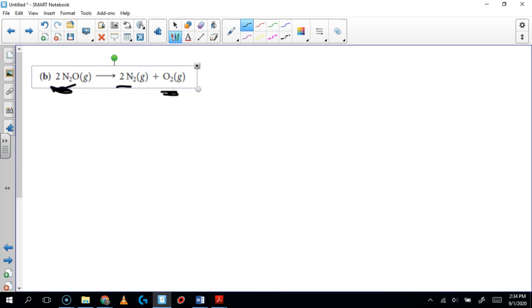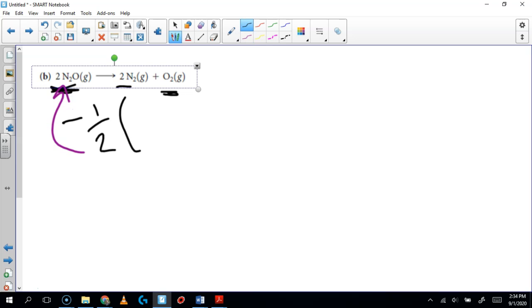So the rate is different, and that ratio can be determined by the coefficients here. So this is a negative 1/2. It's negative because it's a reactant. It's a half because this coefficient is a 2.